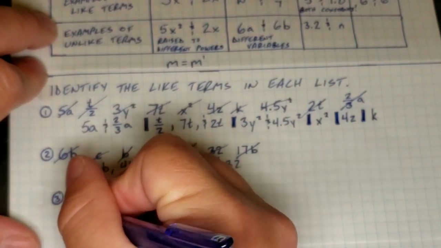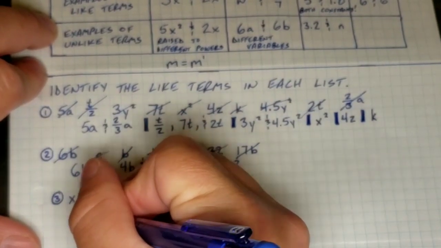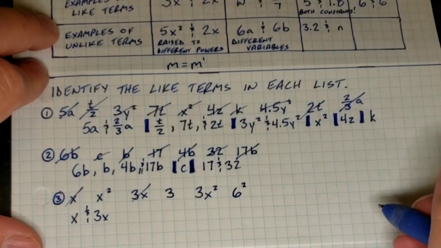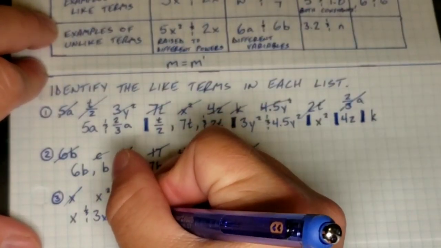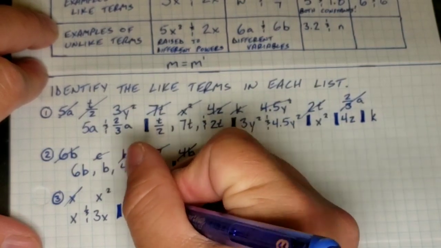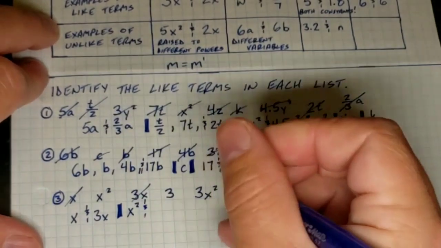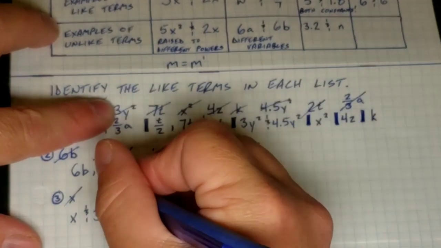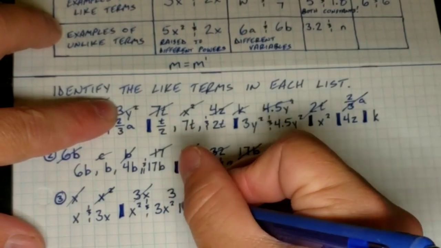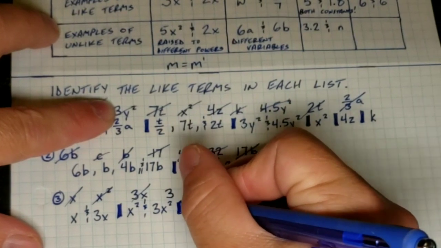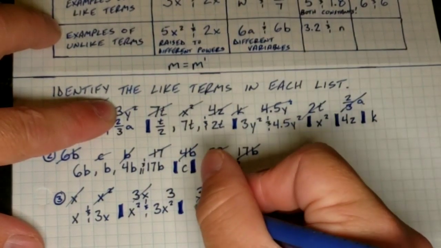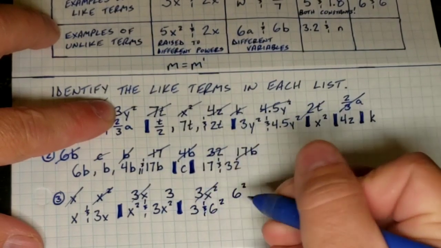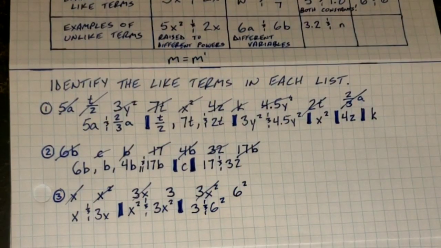But what about this x and this 3x? They're like terms. What about this x squared and this 3x squared? They're also like terms. And then what about 3 and 6 to the second power? Well, those are both constants. They don't have a variable, so they are also like terms.